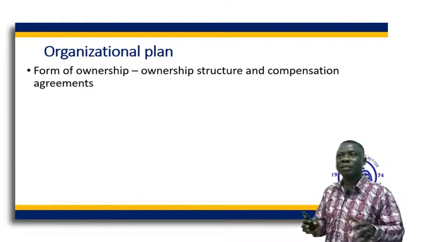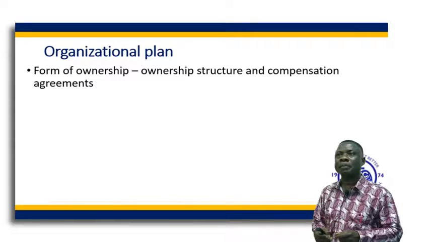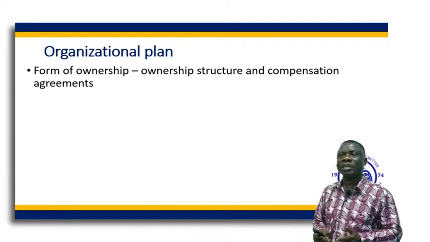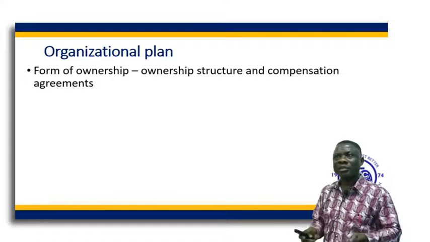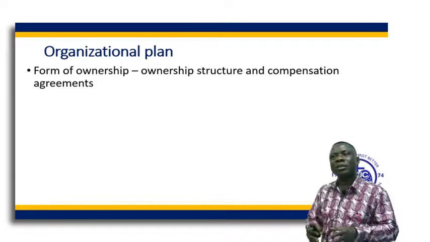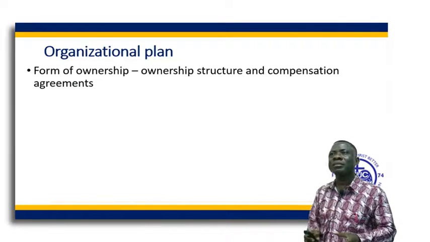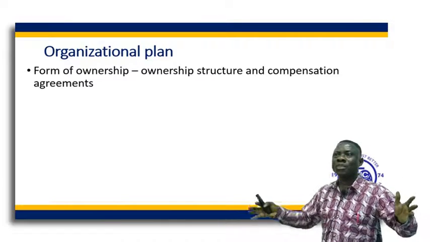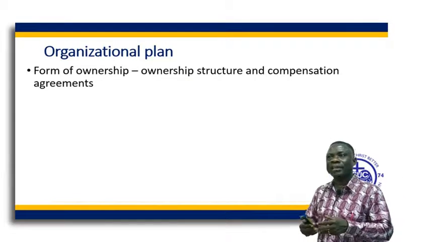In all this, it goes with the rules, it goes with laid down structures. For instance, if it's a partnership, what agreements have you put in place? There should be agreements detailing both the operations and also the exit.